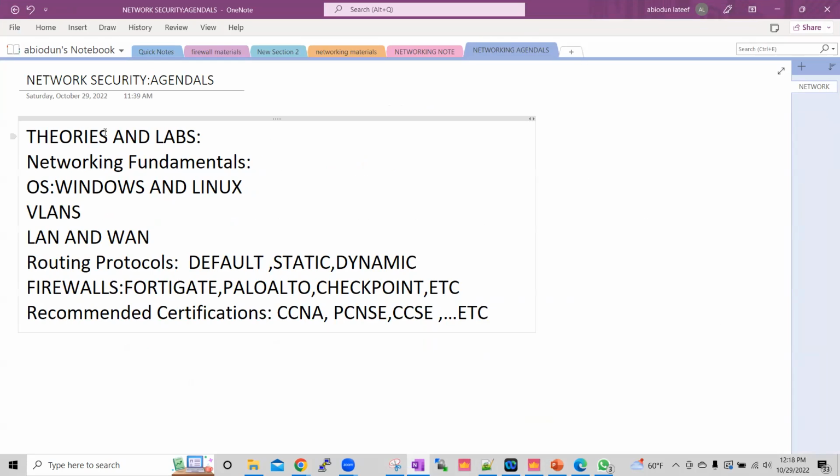So now I'm showing a page showing theories and labs, networking fundamentals, OS, Windows, and Linux, and some other stuff here. Somebody may ask, how long will all this take before we can start applying for jobs?